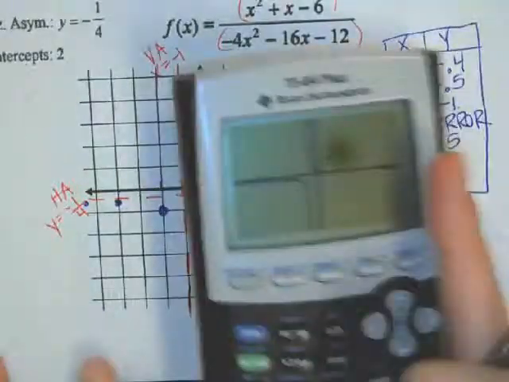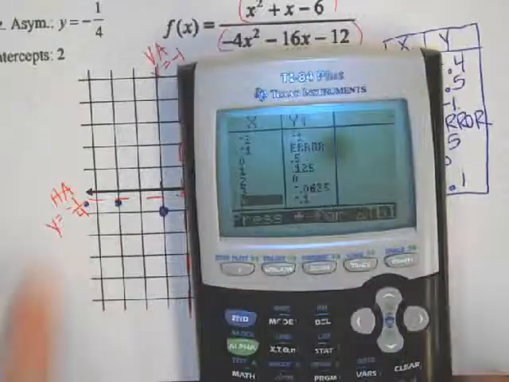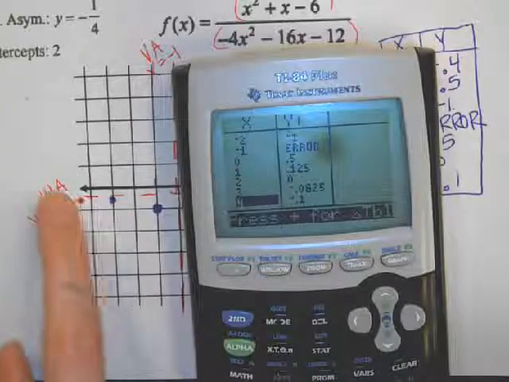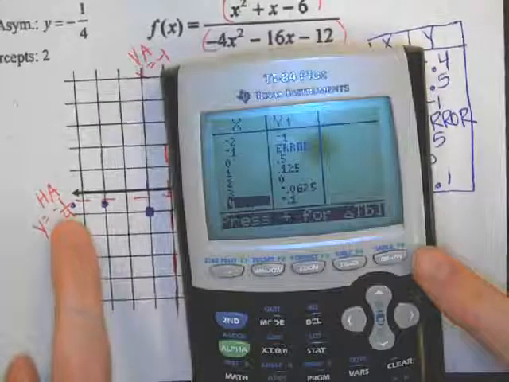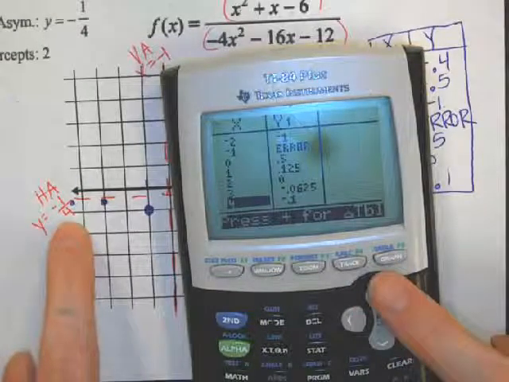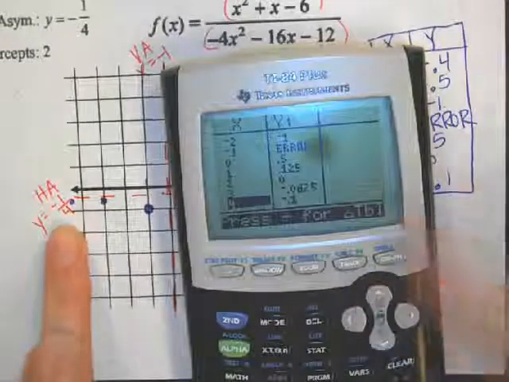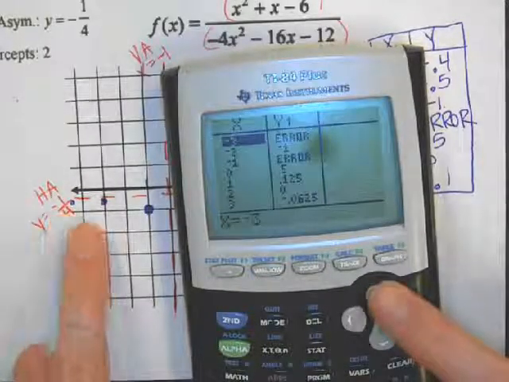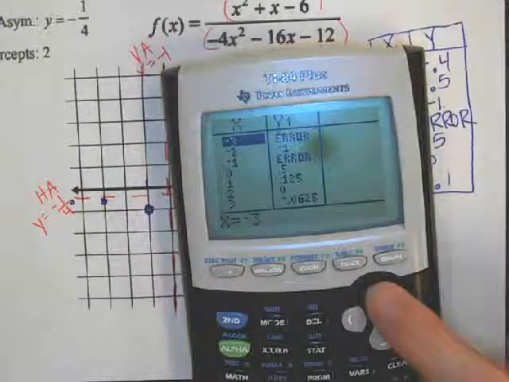I want y'all to follow my table though. What is it supposed to approach? What y value is it supposed to approach? Negative what? -0.25, is that what you said? Yeah. I thought you said something else, sorry. So look at the values as I go to the negatives. Everybody watching? Because we know that the x's will keep going forever, right? I'm going to just hold down this button.